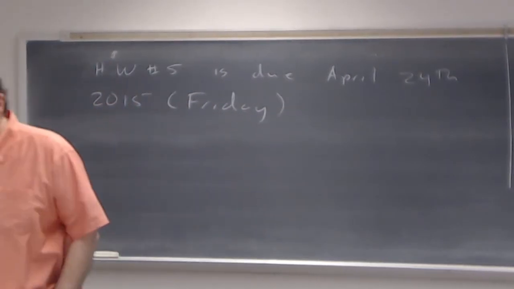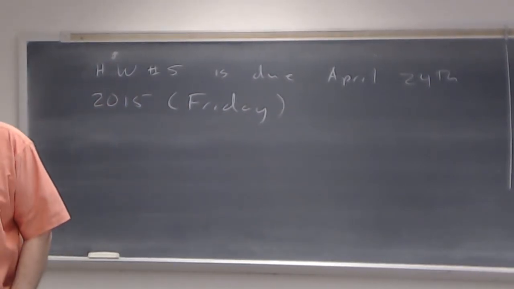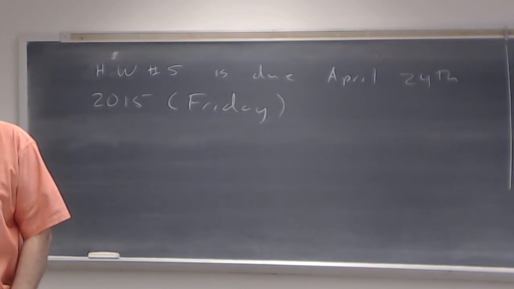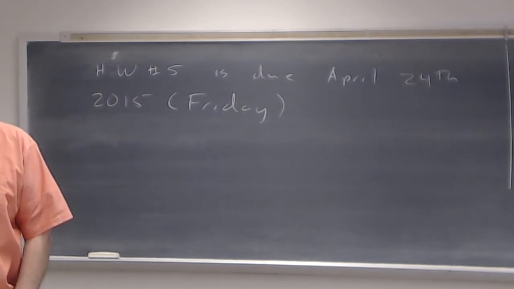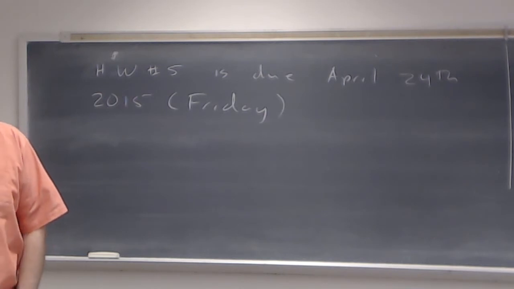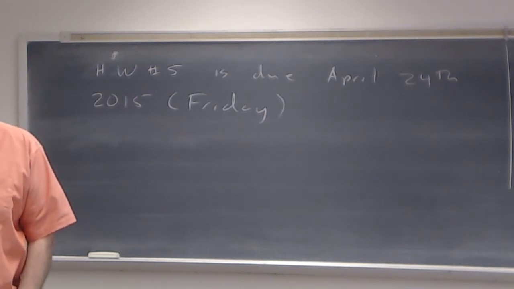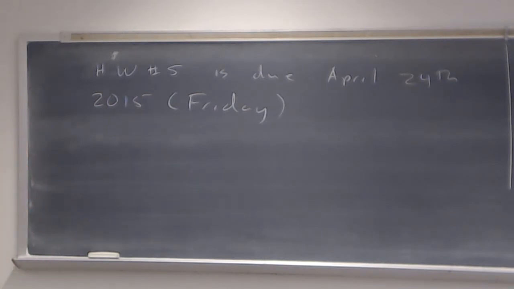Okay. All right. So that's where we are. We're talking about continuity of functions. I need a little refresher. What was the last thing that we did? I know we did some examples of continuity.